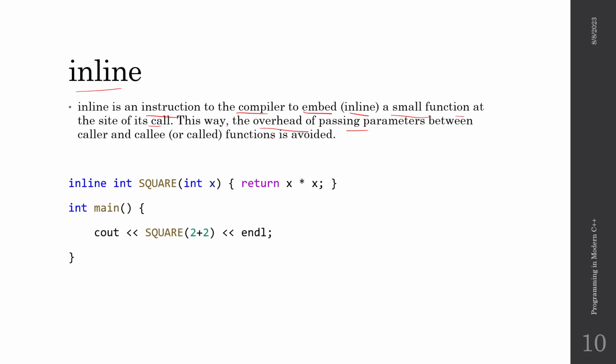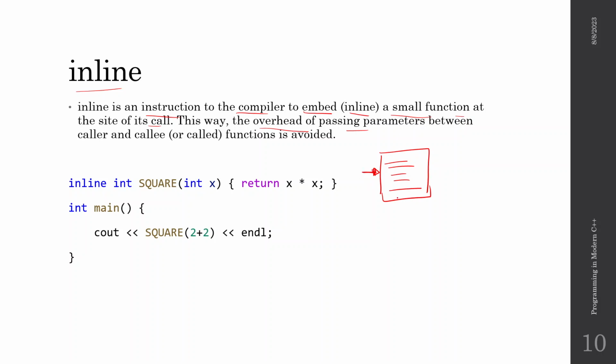Now, when we have to call a function, if you have studied operating systems, you will know how a function call is done. We have a program, and the program is executed line by line.